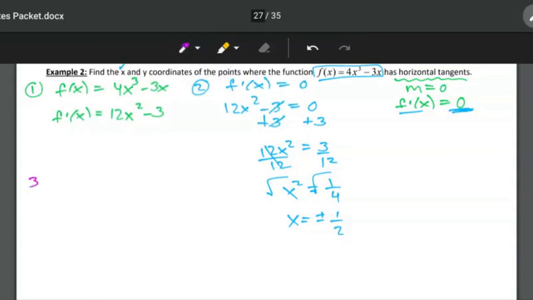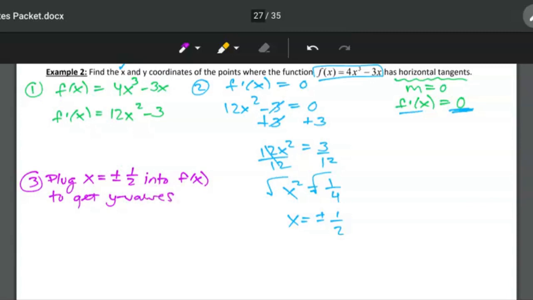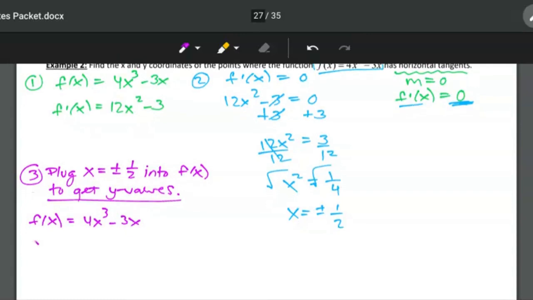So last step, step 3. We are going to plug x equals plus or minus 1/2 into f of x to get the y values, or the y coordinates. Our f of x is 4x to the third minus 3x. We probably plug them in separately.